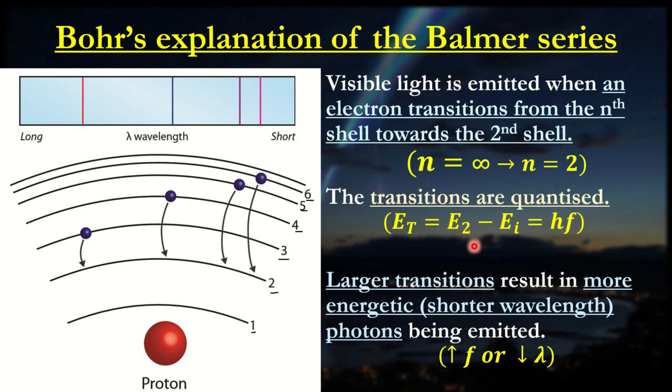So if E2 and E1 are a lot bigger in difference, then f will obviously be a lot bigger. That means we will generate much shorter wavelengths of light, which is consistent here. If we look at 6 to 2, that's our sort of violet blue color. If we look at 3 to 2, smaller energy gap, we have a longer wavelength in red light there.